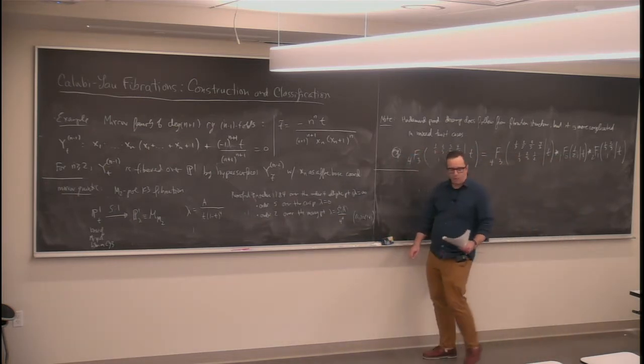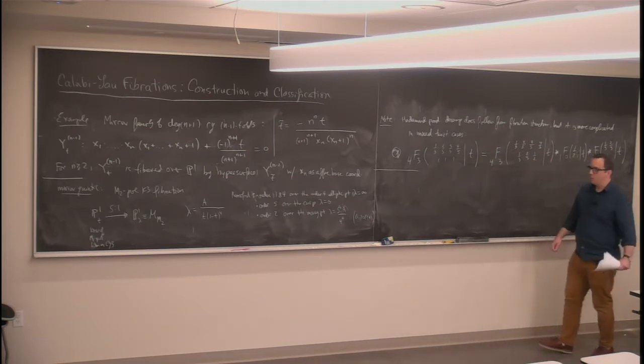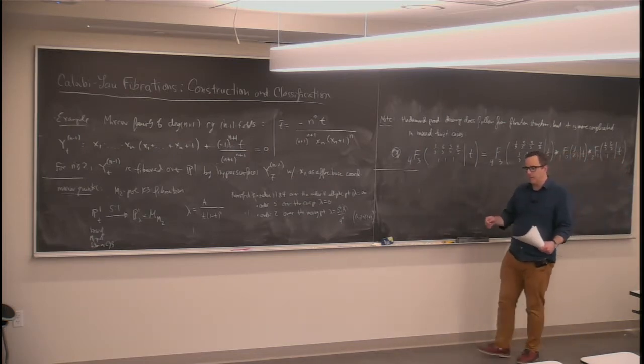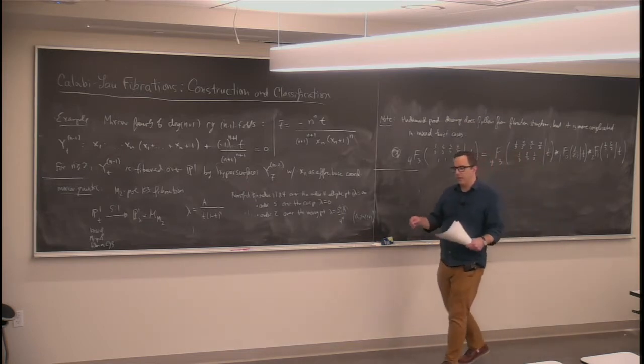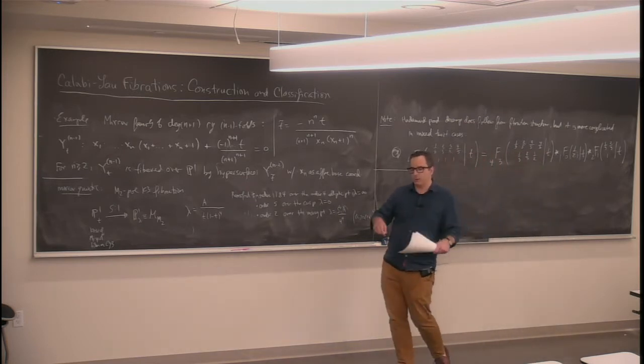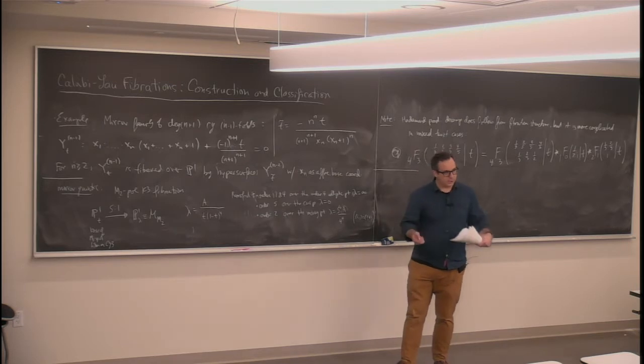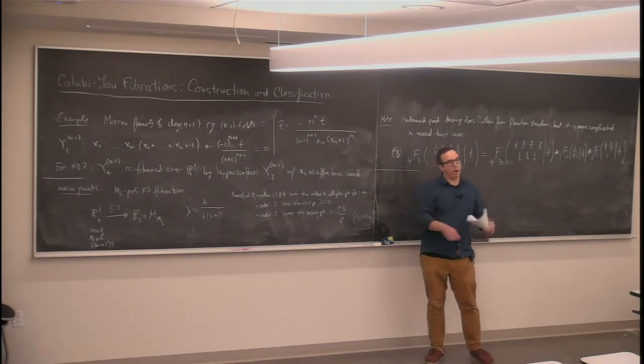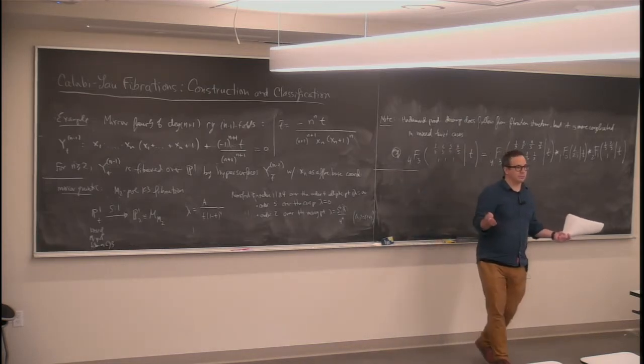Let's recap where we are. I hope I've convinced you that there is a mechanism to simultaneously iteratively construct Calabi-Yau fibrations and their periods. Now, this does not guarantee that you're going to get all possible Calabi-Yaus by this kind of construction.